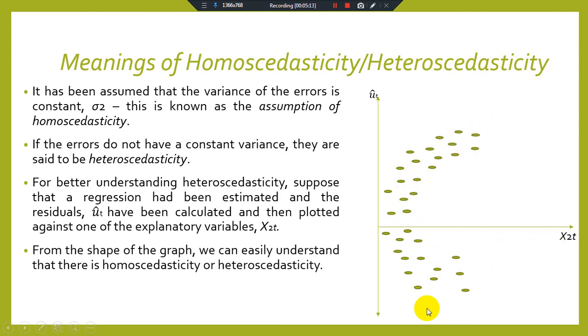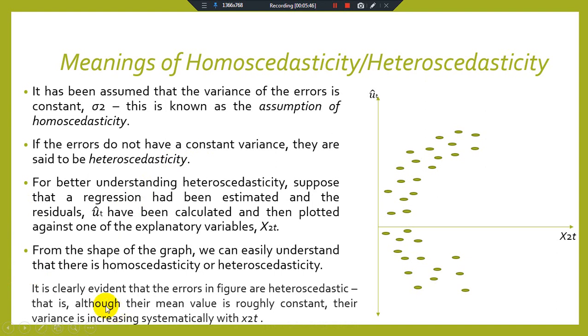This reveals that the variance of the error term is not constant, although the mean value of the error term is constant. So if the data shows this type of trend, we can say that there is heteroscedasticity in our data, and our assumption of constant variance is not followed.